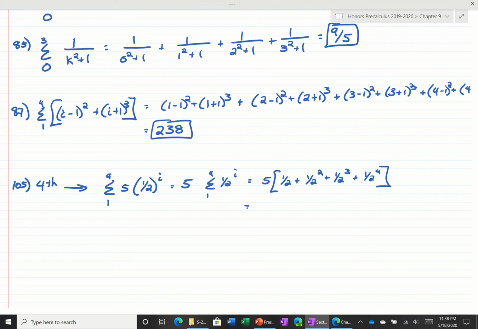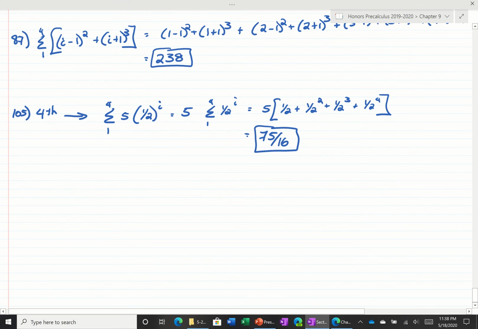It's going to be 0.5 plus 0.5 squared plus 0.5 to the third plus 0.5 to the fourth, times 5. All right, I'm getting 4.6875. As a fraction, that's 75 over 16. Or you could just write the decimal. It's a rational number, so 75 over 16 is fine also.